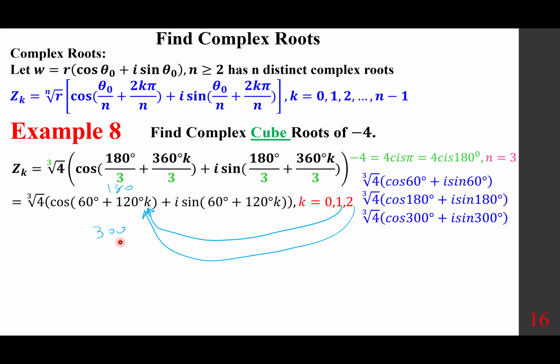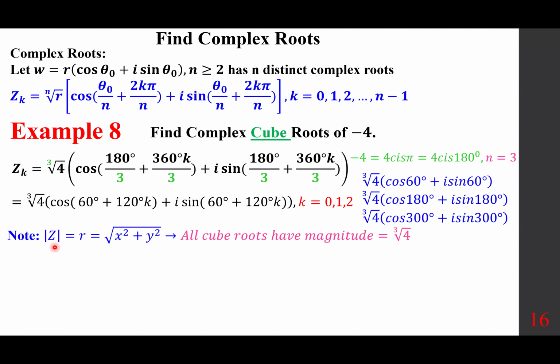So what do we notice? Let me again erase my board. The modulus r is the square root of x squared plus y squared. All cube roots have magnitude cube root of 4. The arguments are 60 degrees, 180 degrees, and 300 degrees, equally spaced at 360 degrees divided by 3.